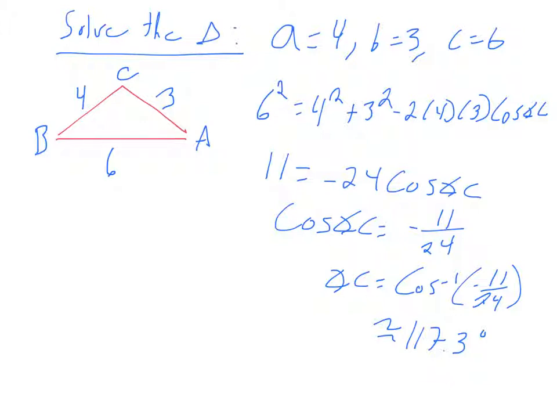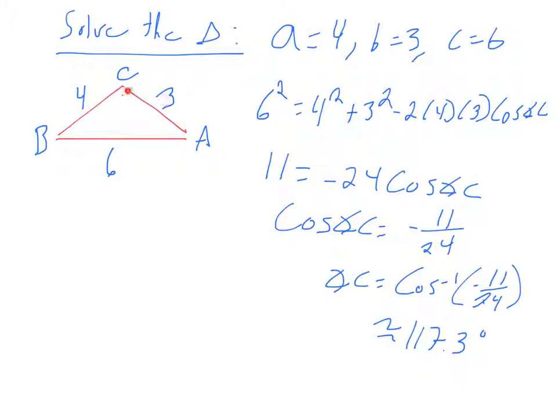Now, one thing to keep in mind is when we're using law of sines, even if we have a determinate triangle, law of sines is going to think, if this is 117.3 and we want to find angle B first, so we have angle B, side 3, and then angle C and side 6, it thinks we have side, side, angle.